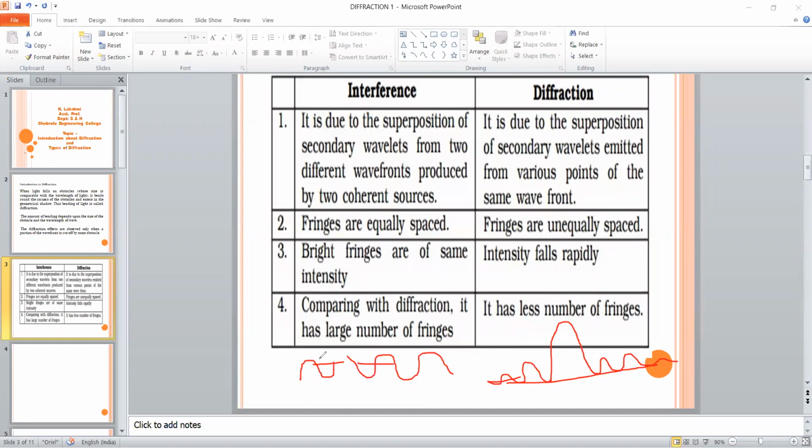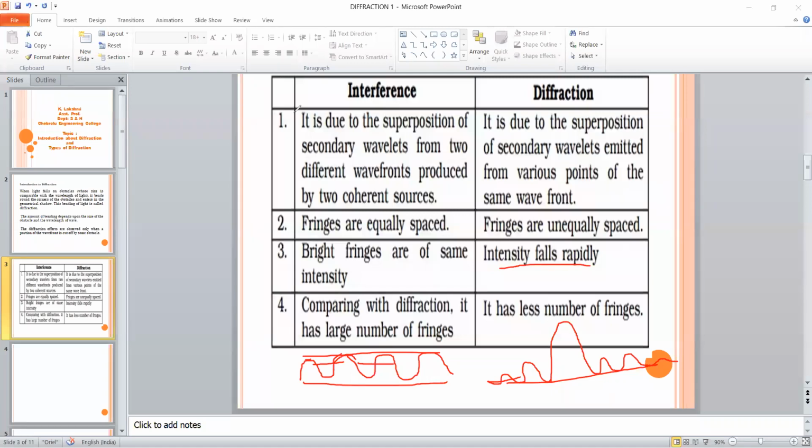Bright fringes are of the same intensity, so all the bright fringes have the same intensity. Whereas here this is the highest intensity and these are lesser intensity compared with the central maxima, that means intensity falls rapidly. Next, diffraction has a large number of fringes formed, but interference has fewer fringes.